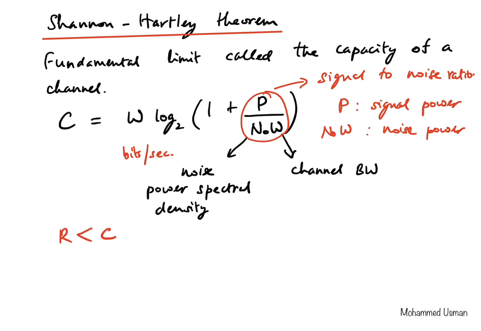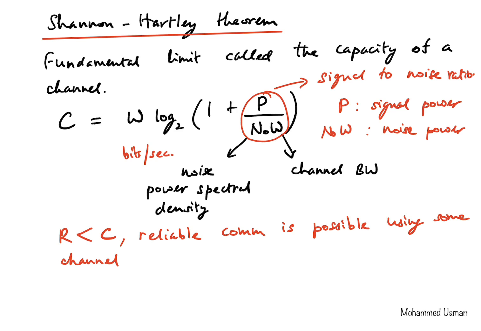That is possible only if the transmission rate R is less than C. So if R is less than C, reliable communication is possible using some channel coding scheme.